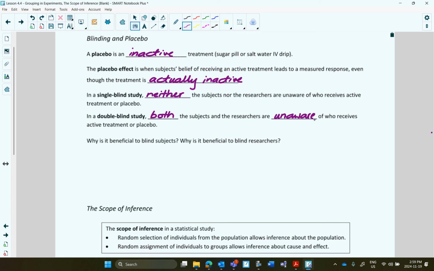Like chocolate milk reduces concussions. You find a group of people that have suffered concussions, and let's say chocolate milk helps you recover more quickly. You randomly split the groups.